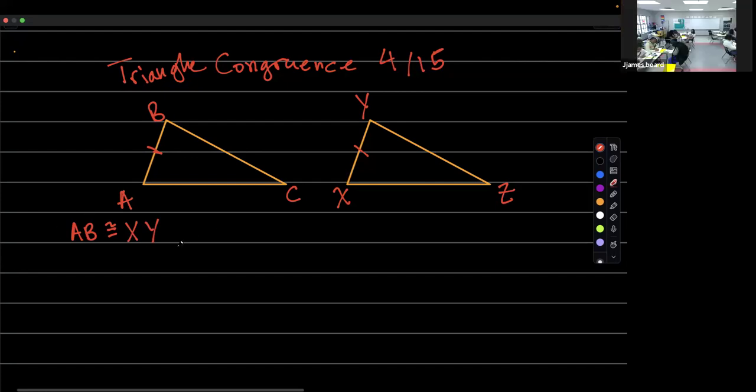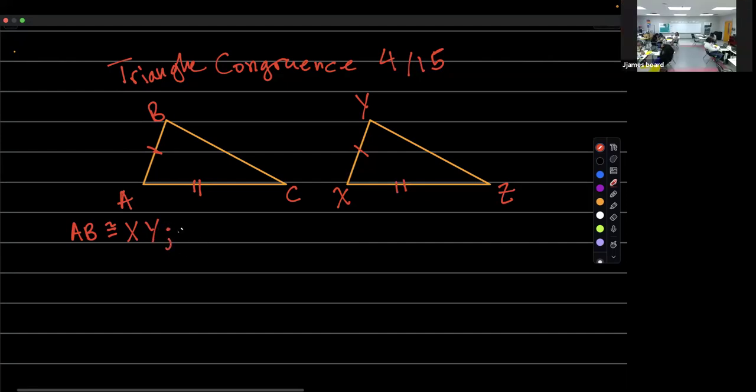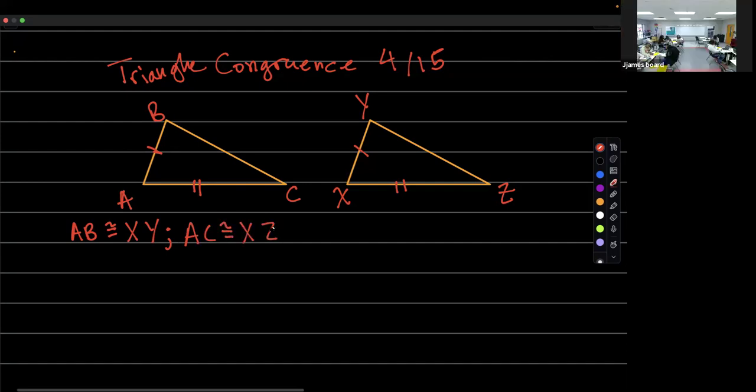And basically what we're going to prove is that all the sides are congruent. So for this one, we'll do two hashes here. We'll say AC is congruent to XZ.